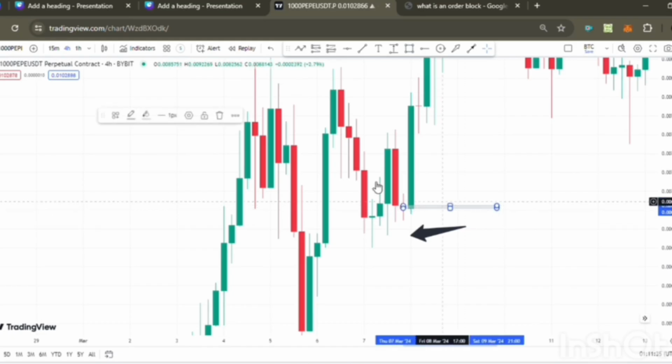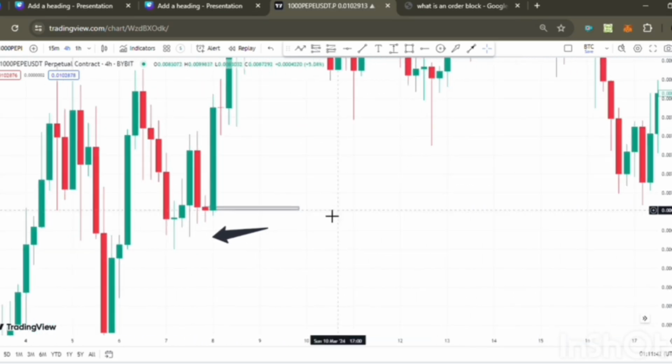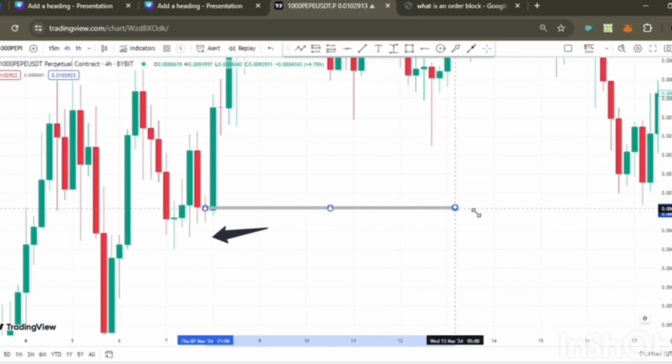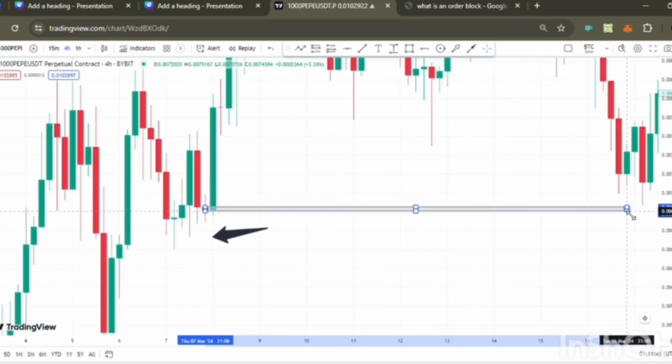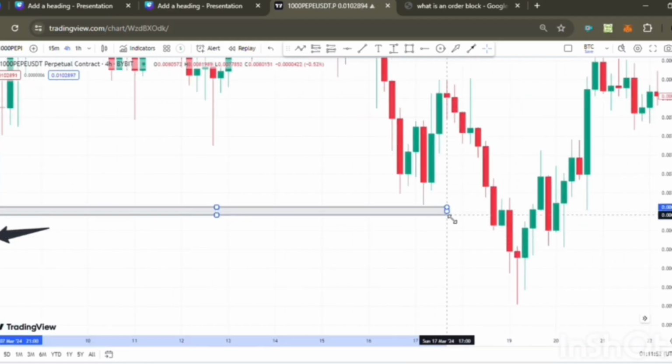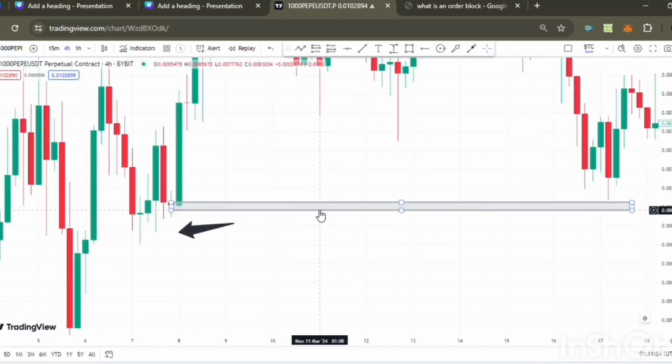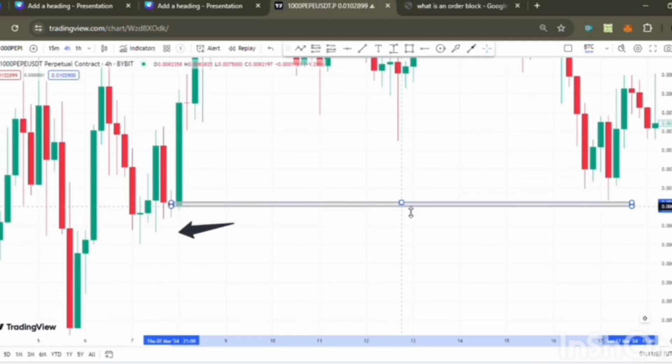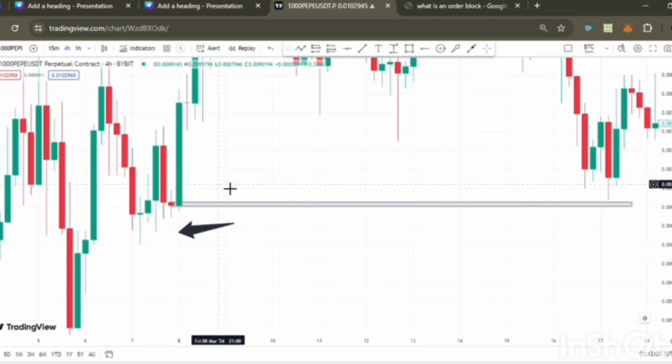Let me increase the transparency of this so that you can see it very clearly. So you map it out like this, the body of the candle, the order block.